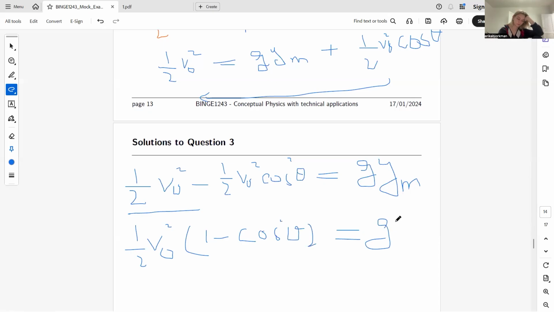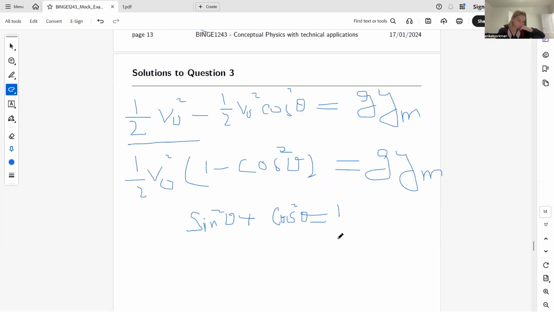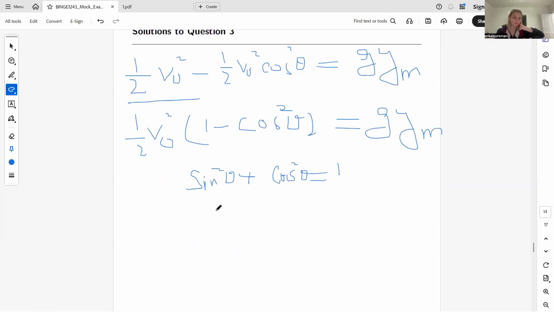to g ym. It is cos square theta. Also, from trigonometry, we know a formula: sin square of theta plus cos square of theta is equal to 1. Also, I can write this formula as sin square of theta is equal to 1 minus cos square of theta.